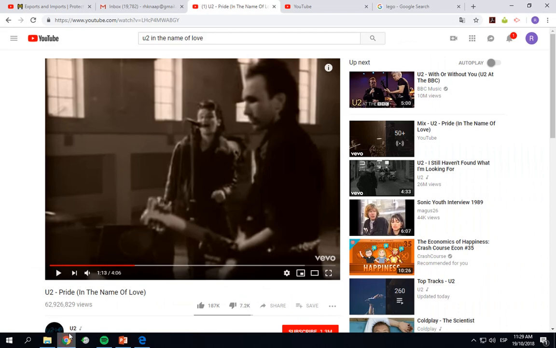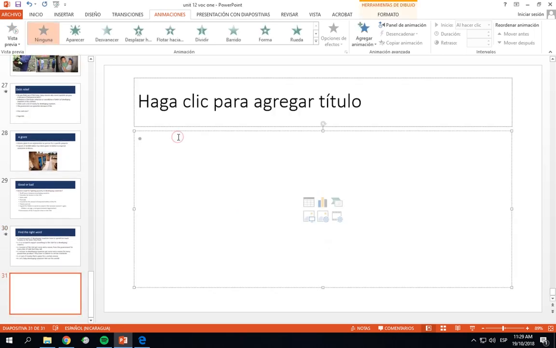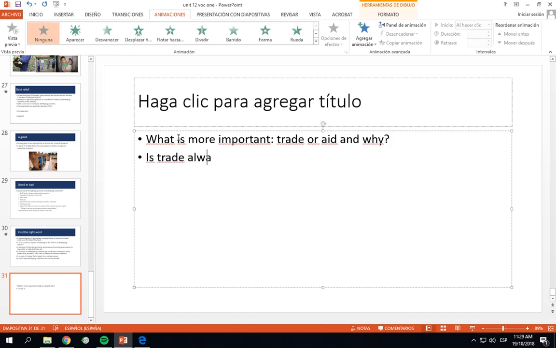Okay. Now, these are things you should think about. I have some points here. I haven't written them down yet. So, what is more important? Trade or aid? And why? Is trade always effective? Why?